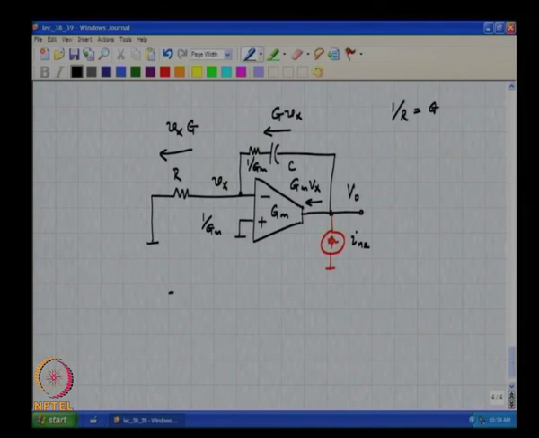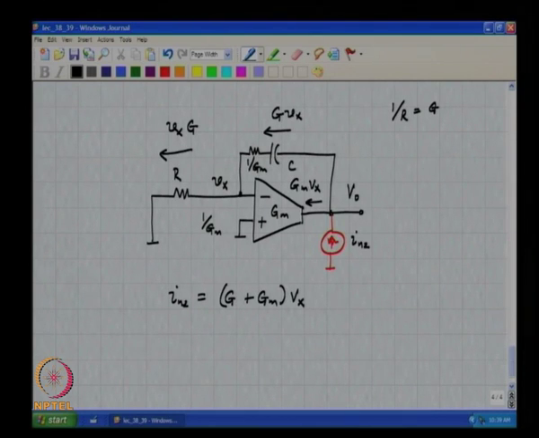So, In2 therefore must be G plus Gm times Vx, all right.